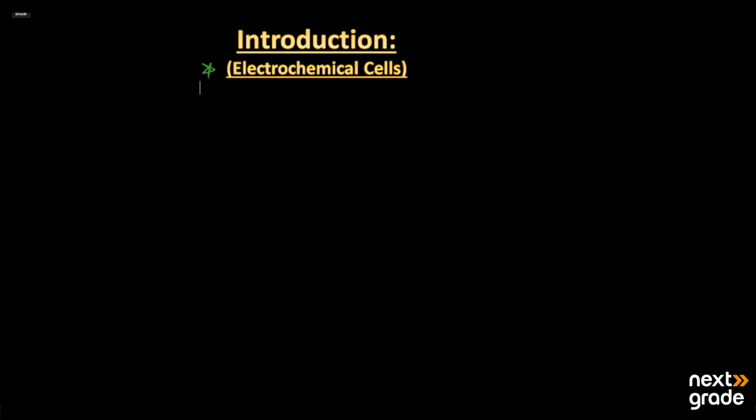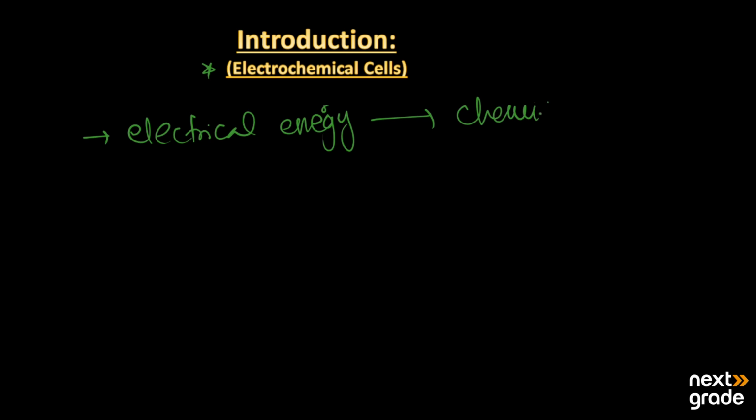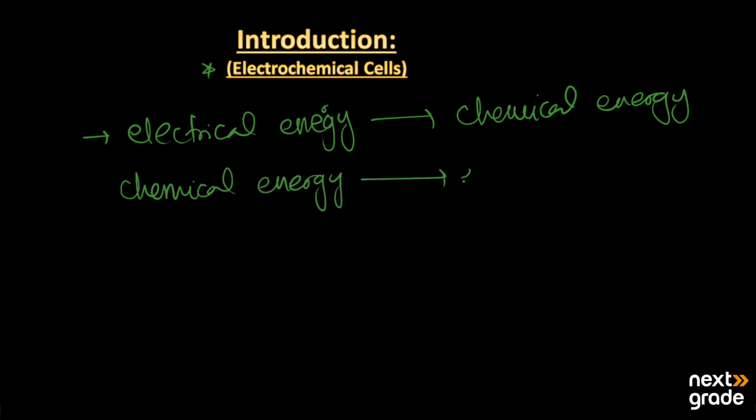These are specific systems in which electrical energy, or electricity, is converted into chemical energy, and on the other hand, chemical energy is converted into electrical energy.